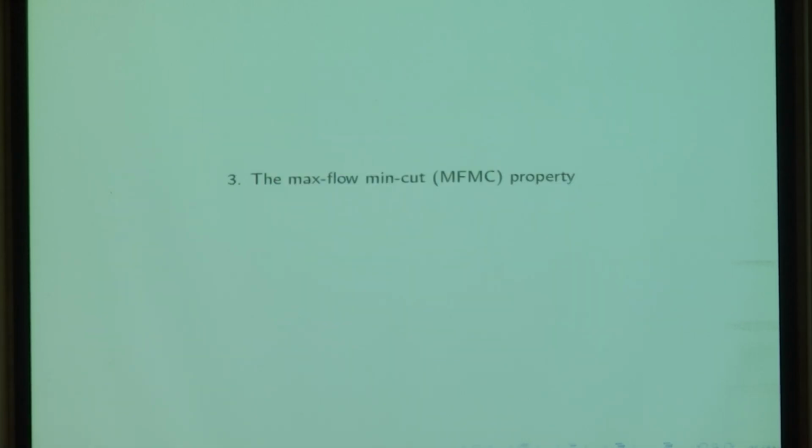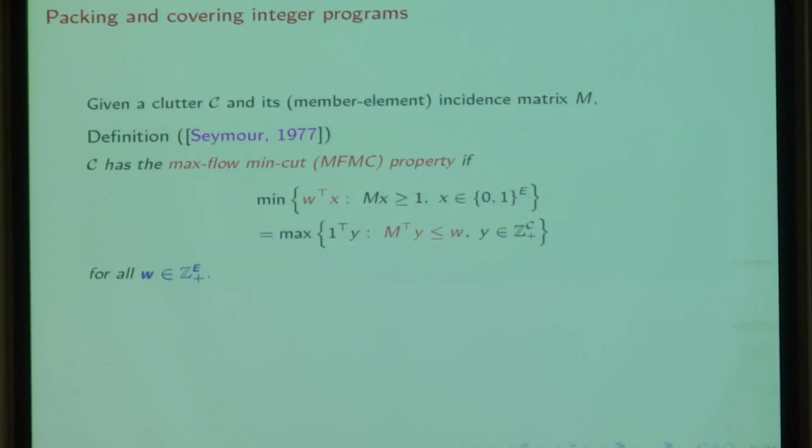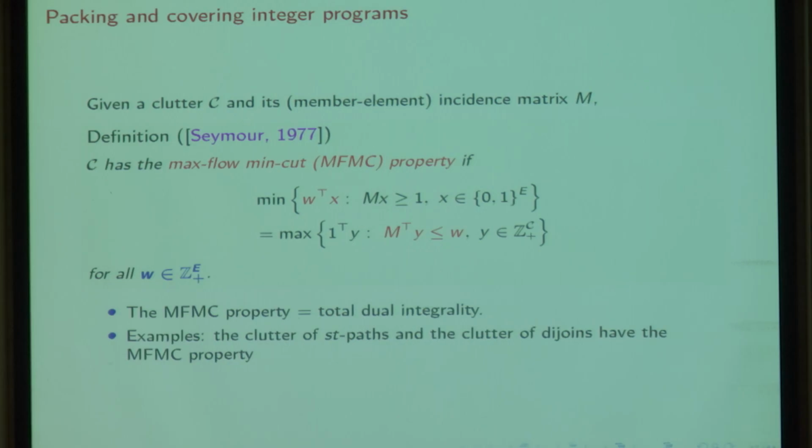Okay. So I'll briefly talk about the max flow min cut property, just to give you more intuition why. So Seymour defined this notion of max flow min cut property, which is nothing but the total dual integrality. And if you take the clutter of st-paths and the clutter of dijoins, they have the packing property.